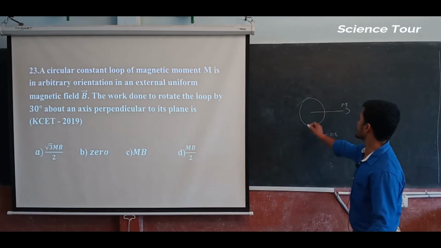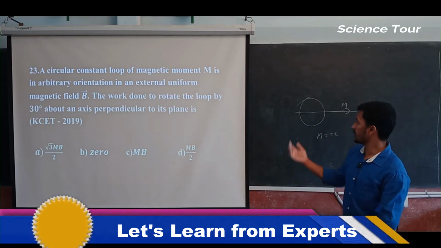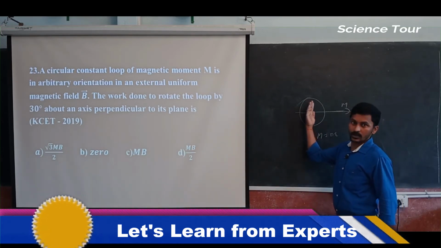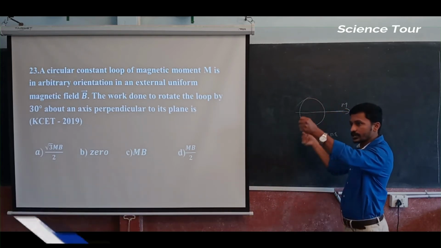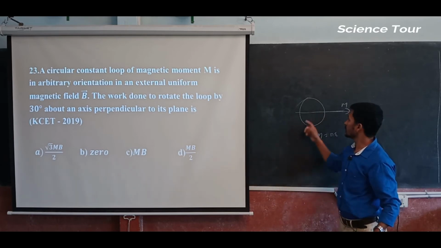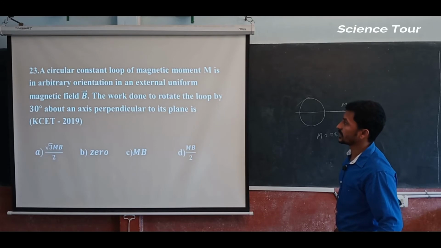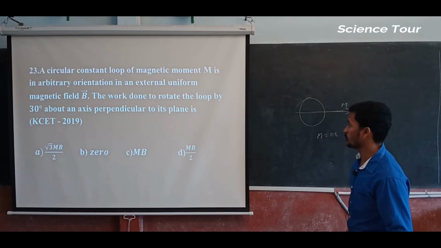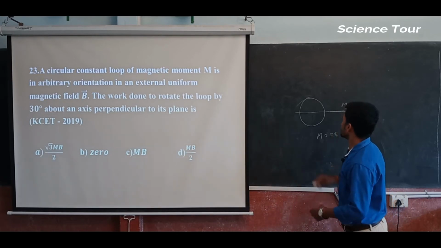About an axis perpendicular to its plane means, see, if the plane is like this, about an axis perpendicular to the plane means you have to rotate in this way. Do you have to do work? No, because that is 90 degrees, isn't it? So the magnetic field is at 90 degrees.